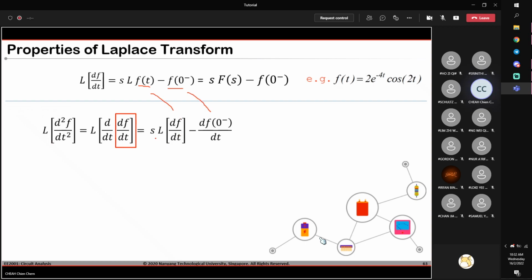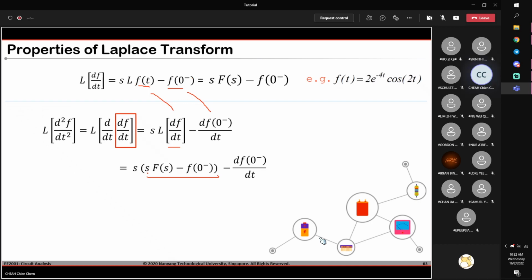Now this one, the Laplace transformation of df/dt, do one more time. Using this formula, you get s times F(s) minus the initial condition of f. The first one was the initial condition of df/dt. The second one becomes the initial condition of f. So you get this one over here, right? Which needs the initial condition of f and its differentiation.